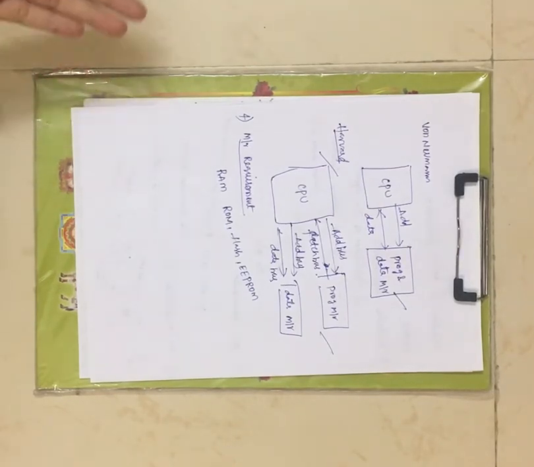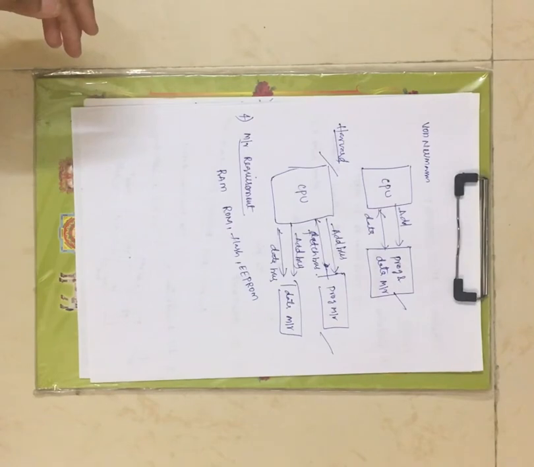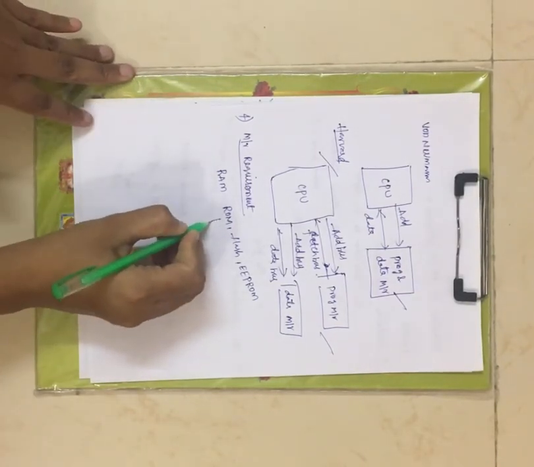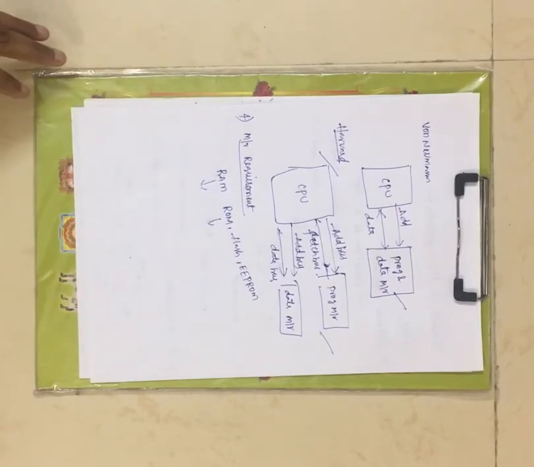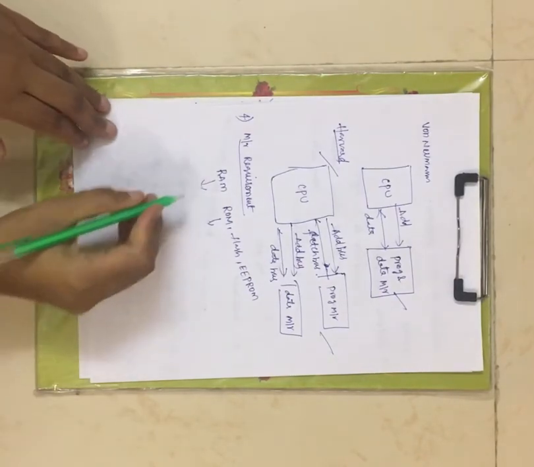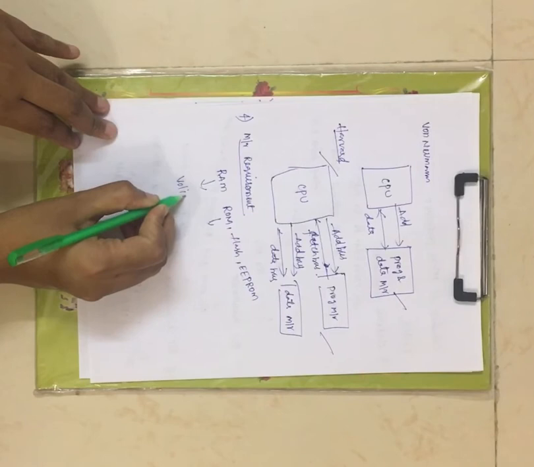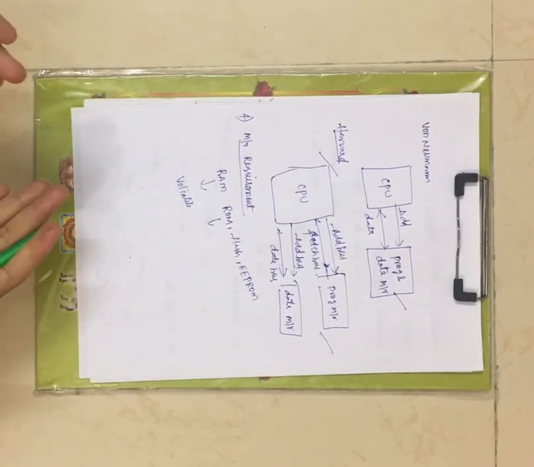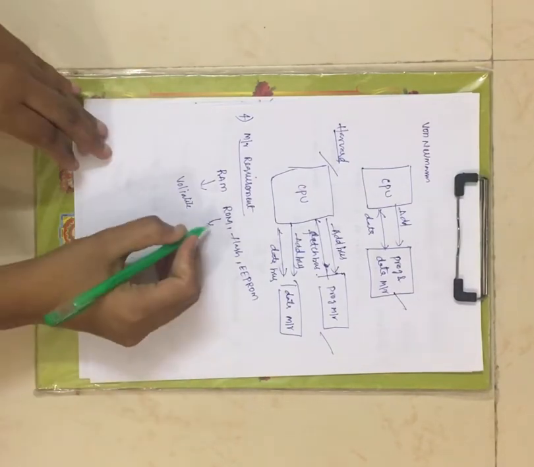Now you know ROM memory and RAM memory: read-only memory, random access memory. RAM is volatile memory, that means when you switch off the computer, the data stored in that memory will get erased.